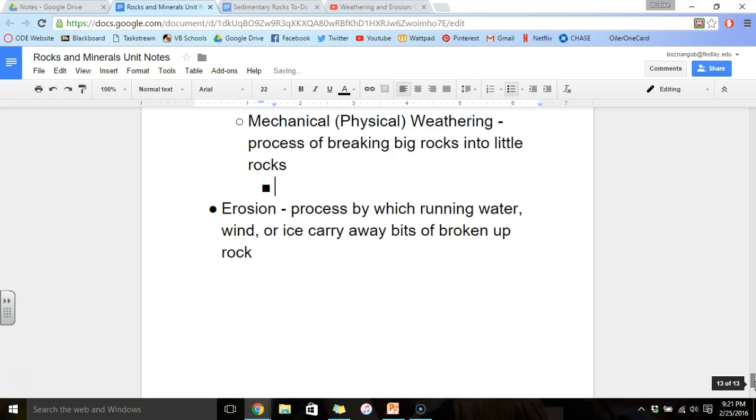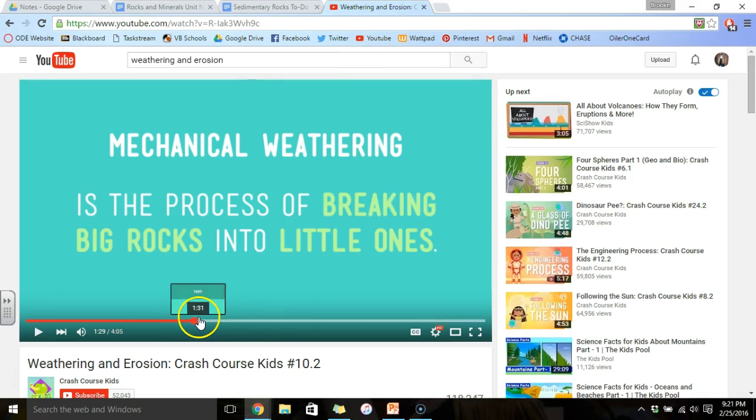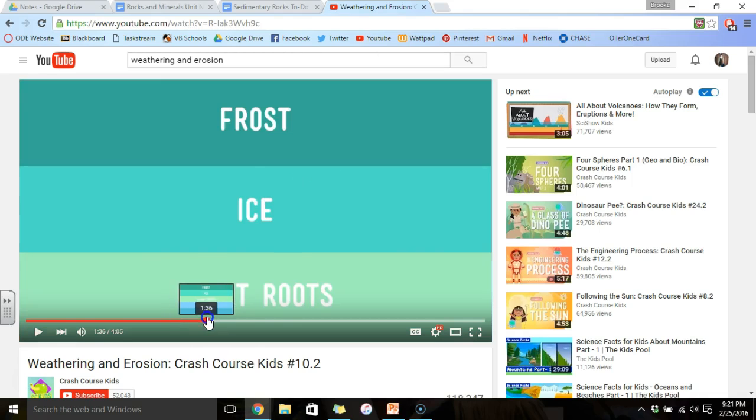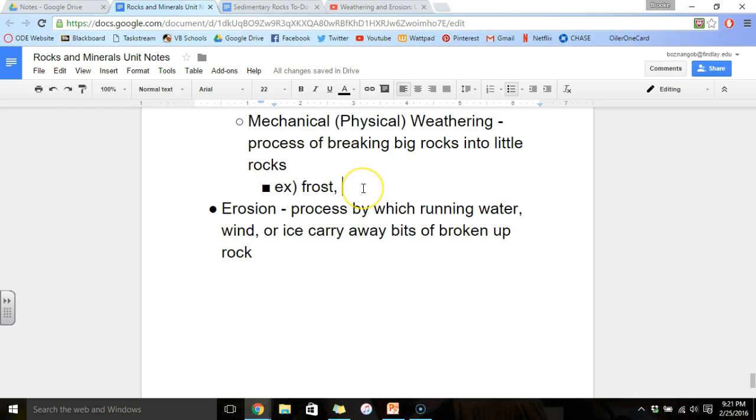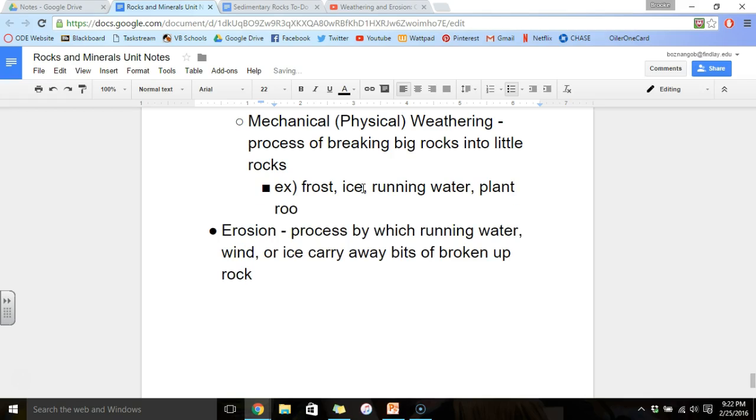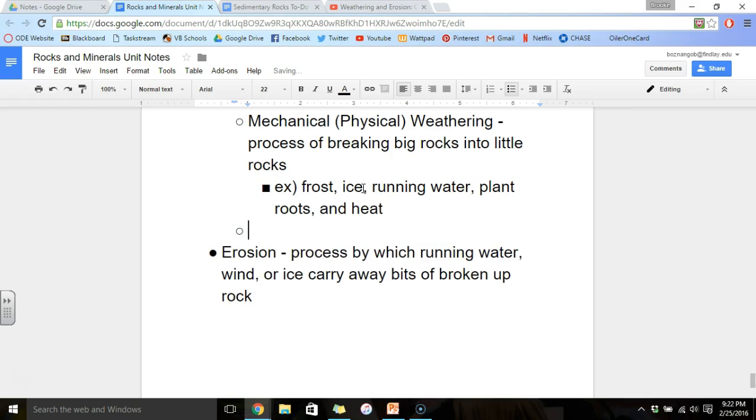And then it gave examples of things that could help it, like frost, ice, running water, plant roots, and heat. And then it also talked about chemical weathering.